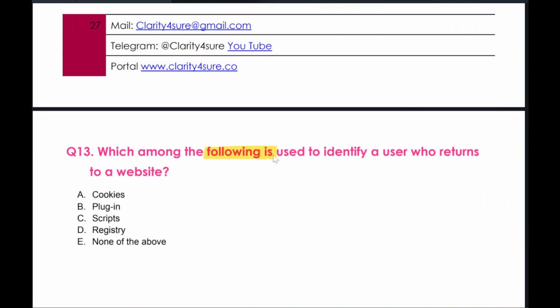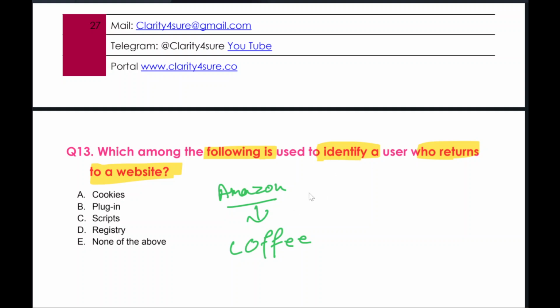Which among the following is used to identify a user who returns to a website? Say you are searching for a coffee machine on Amazon, and you visit the Amazon website again after three days.